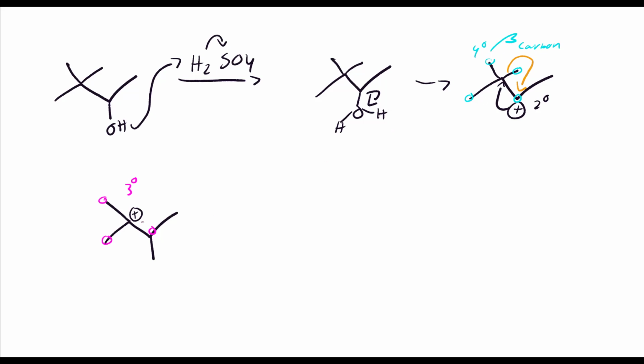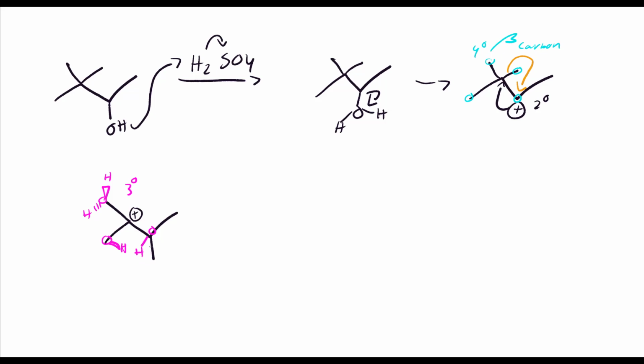All right, so now we have a tertiary carbocation. What can we do? Let's look at our beta hydrogens, or beta carbons. So we have some hydrogens right here, we have some hydrogens right there, and we have a hydrogen right there.